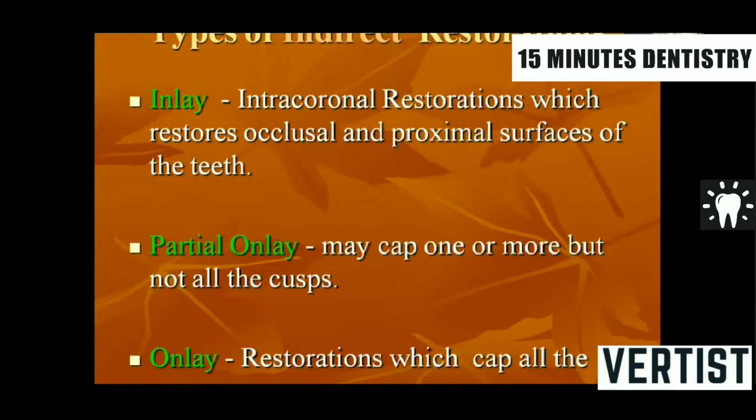And partial onlay is a restoration which may cap one or more but never all the cusps. So your partial onlay is a restoration which may involve occlusal, proximal and a few cusps but never all the cusps. The moment your cast restoration covers all the cusps, it is called an onlay.